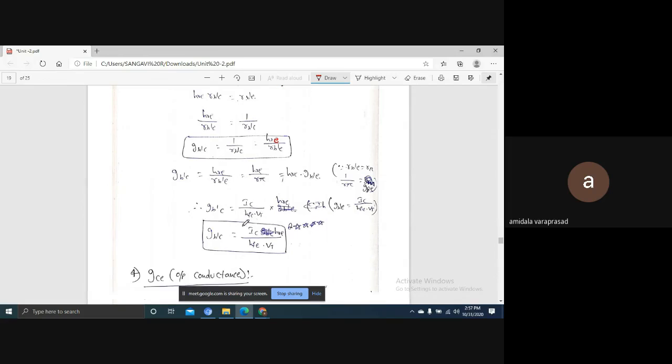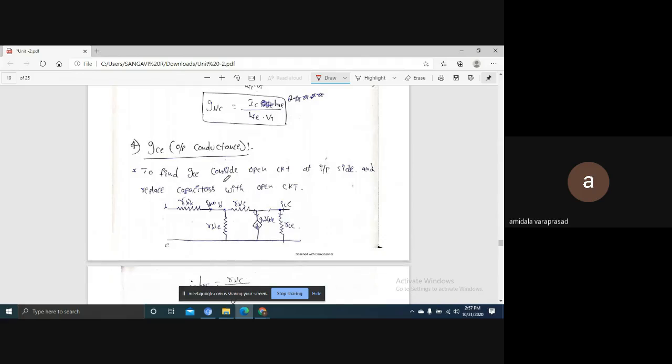Next, output conductance. To find GCE, consider open circuit at the input side and replace the capacitor with open circuit. Yes, we replaced it. Then HRE, from the previous analysis, is equal to RB'E by RB'E plus 1 by GB'E.